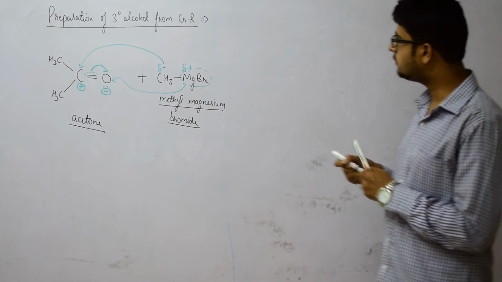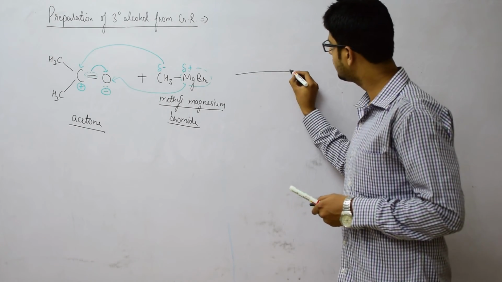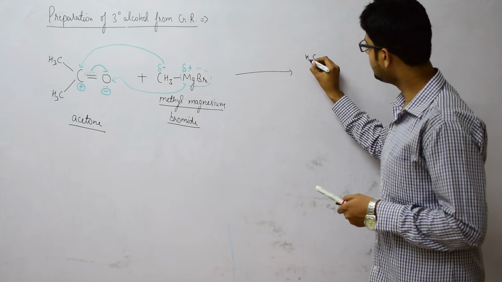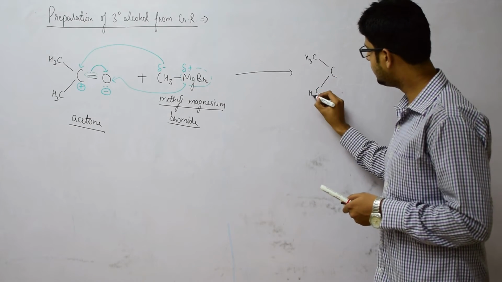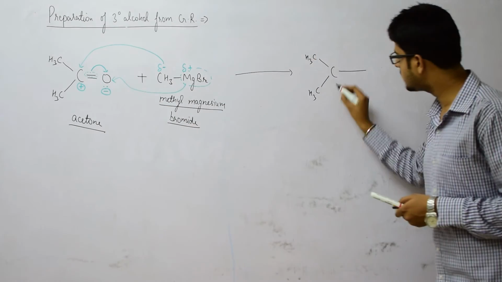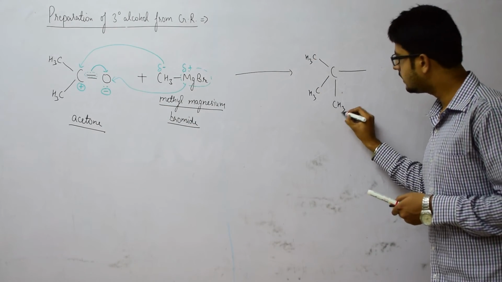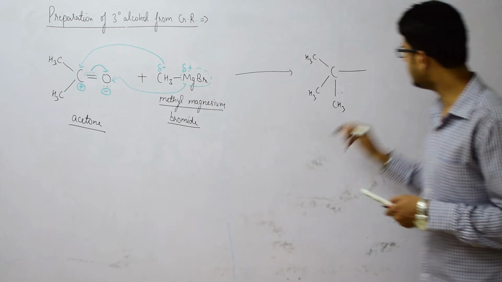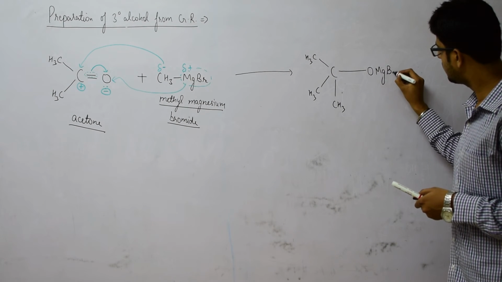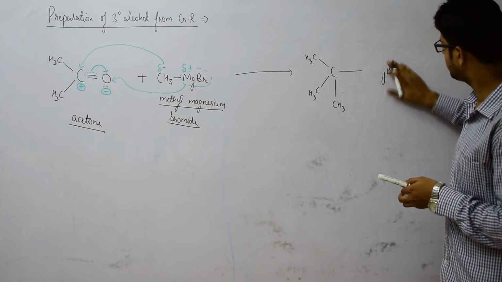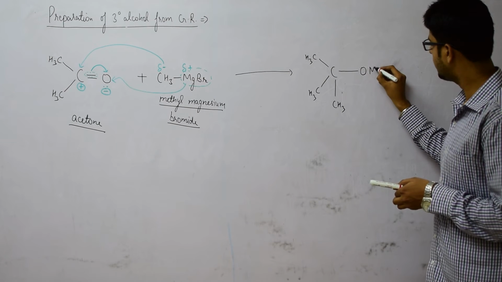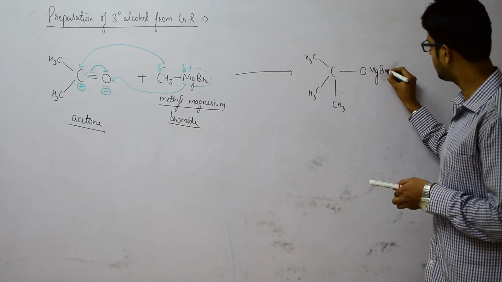So our compound would be CH3, and here would be a single bond. This CH3 got attached with this carbon atom, and this will be OMgBr.